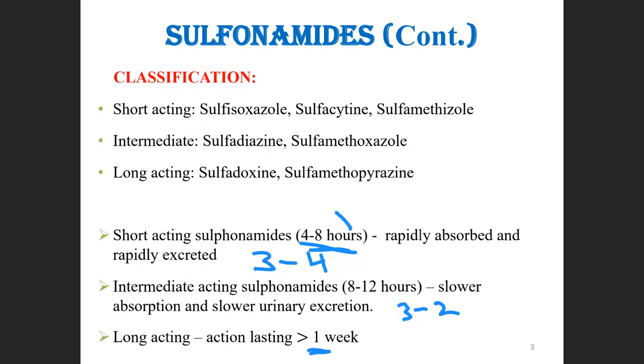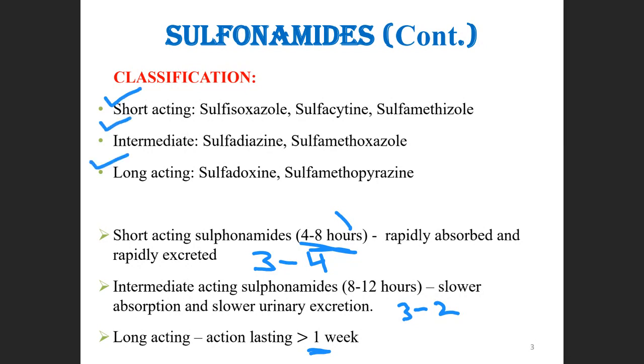So what do you mean by that? It is based upon the effect of a drug on the body and its action against the bacterial infection for a time duration based upon the half-life. These drugs are classified as short-acting, intermediate-acting, and long-acting drugs.